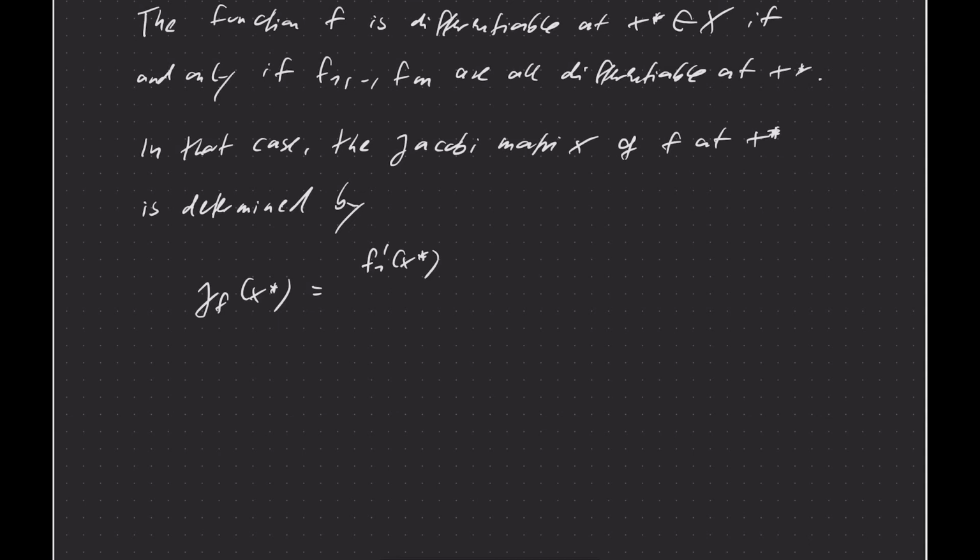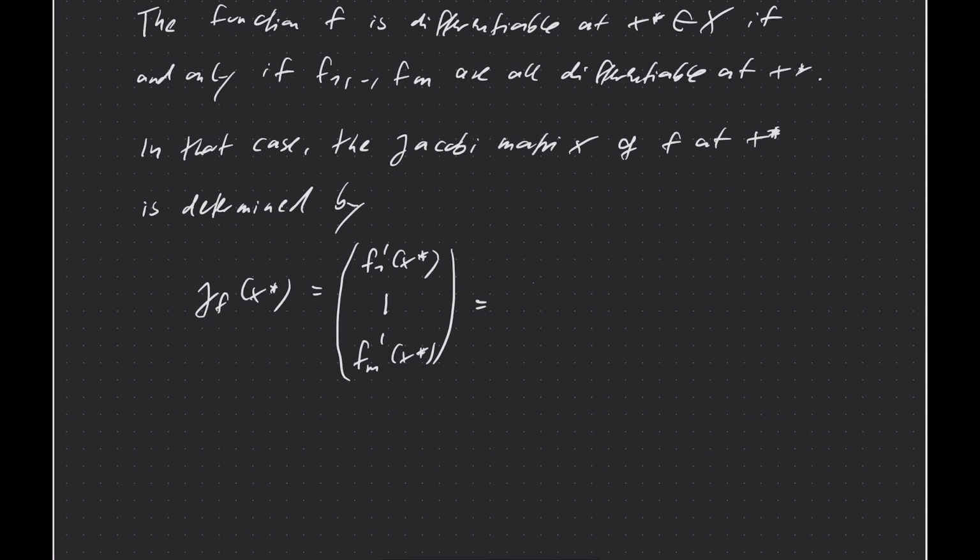So f1 prime of x star, remember that is a row vector, so that's the first row of the matrix, to fm prime at x star. So we just take those differentials and put them as rows of a matrix.